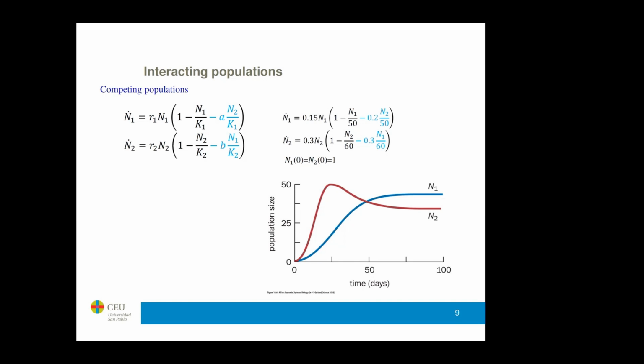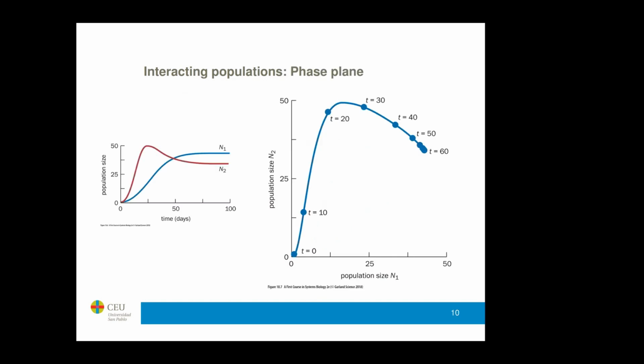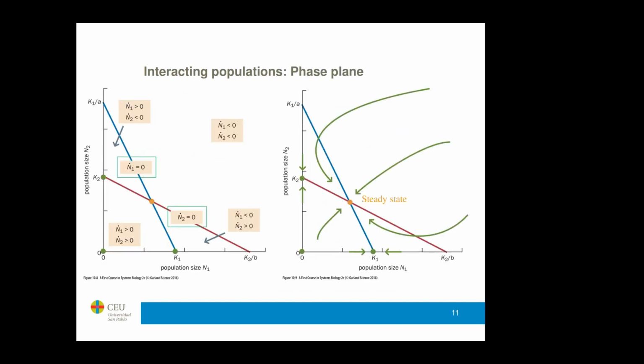It is a point that doesn't change, and it doesn't change because this derivative is 0. For instance, here we can see it. This point belongs to the line where the second derivative is 0, and this is the line where the first derivative is 0. So at this point both derivatives are 0, and you don't change anymore.